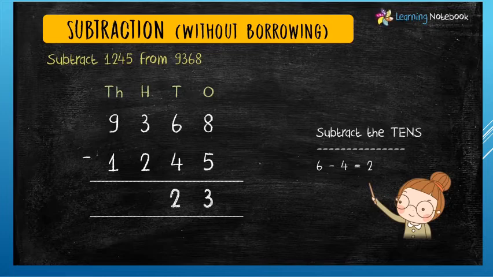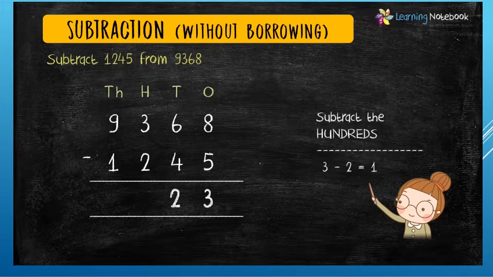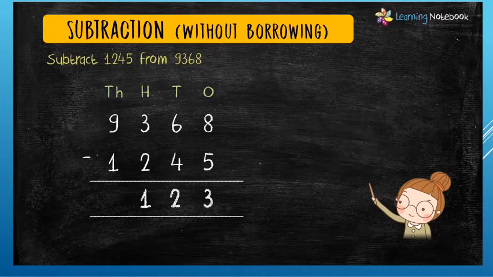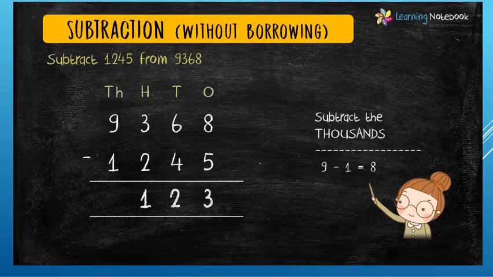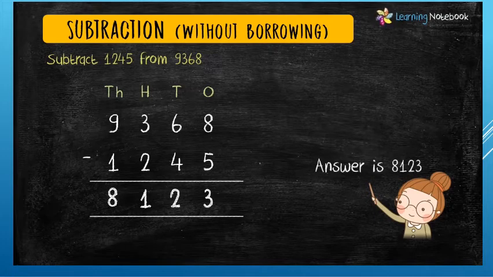Next, subtract the digits at hundreds place. 3 minus 2 equals to 1. And in the end, let's subtract the digits at thousands place. 9 minus 1 equals to 8. So our answer is 8,123. So students, this is how we do subtraction of 4-digit numbers without borrowing.